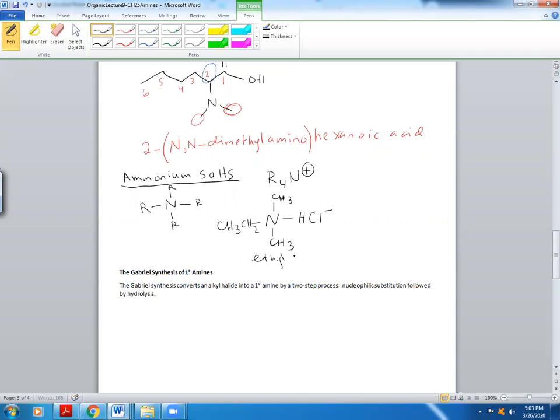I'm not requiring you to know this, but just for your interest, dimethylammonium, because the N with 4 bonds is ammonium, chloride.